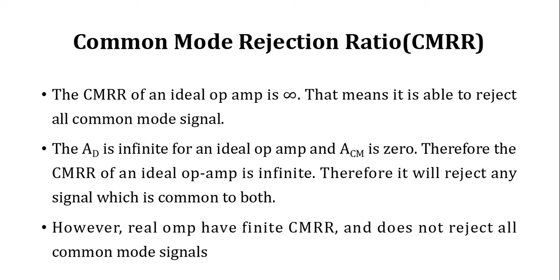AD is infinite for an ideal op-amp and ACM is 0. Therefore, the CMRR of an ideal op-amp is infinite. From that, we know it will reject any signal which is common to both inputs. However, a real op-amp has finite CMRR and does not fully reject common mode signals.